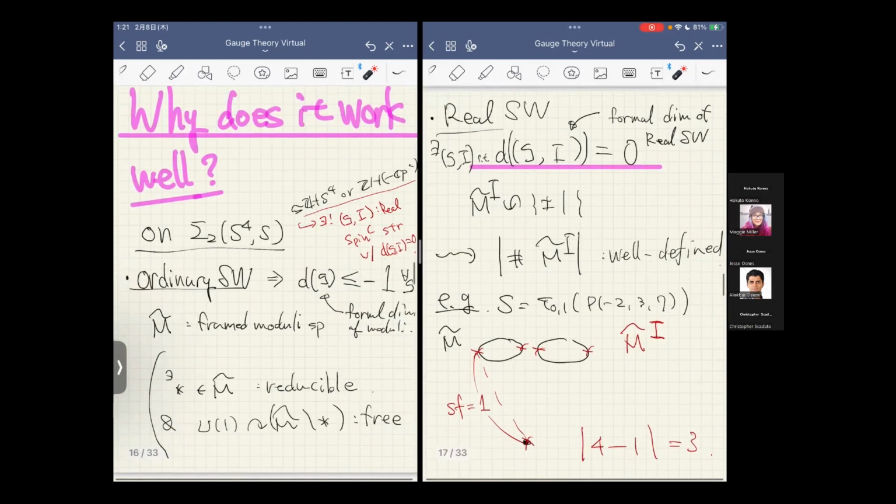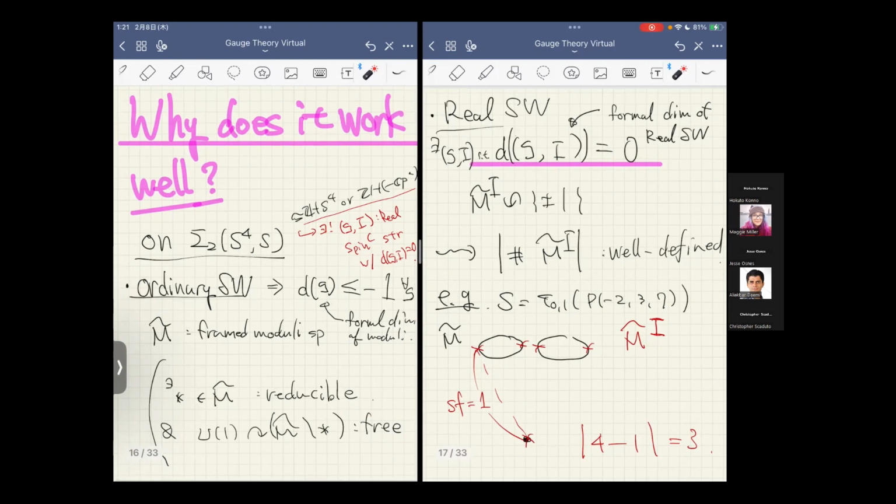Let me explain why our invariant works well on this four-manifold.